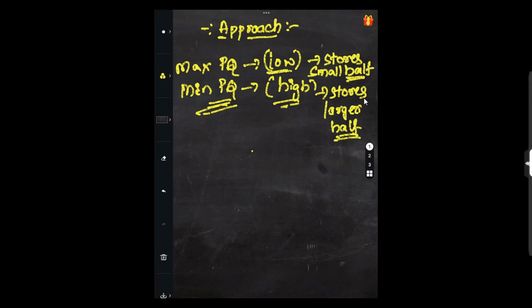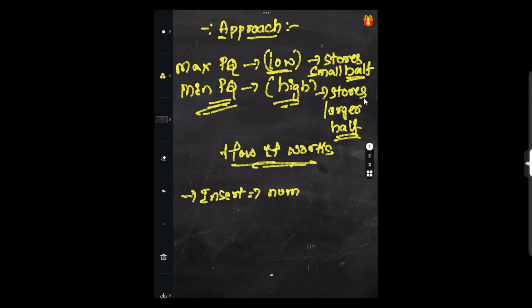Let's see how this works. What will be the approach? First, we will insert the number into the max heap, or max priority queue. The second step is that we have to move the largest element from low to the min heap.